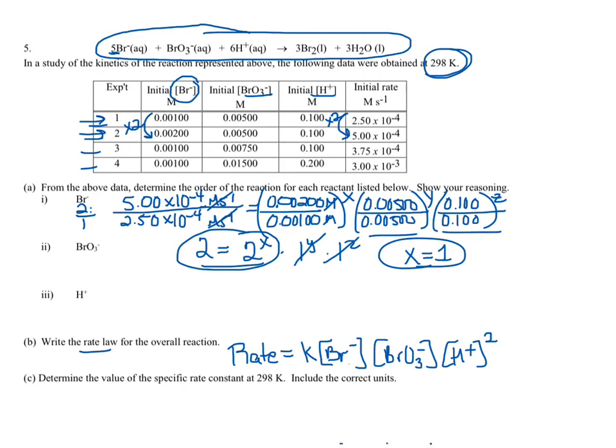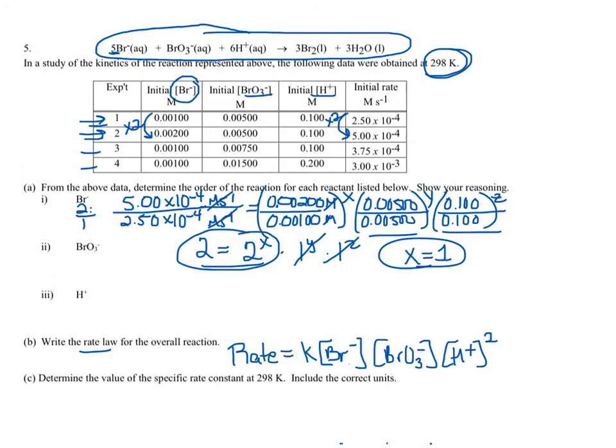The units of K change depending on the overall order of the reaction. Here the overall order is 4: a 1 for Br minus, a 1 for BrO3 minus, and a 2 for H plus. So the units of K have to work out so that when I multiply all those concentrations raised to those orders, I end up getting the rate back in molarity per second.